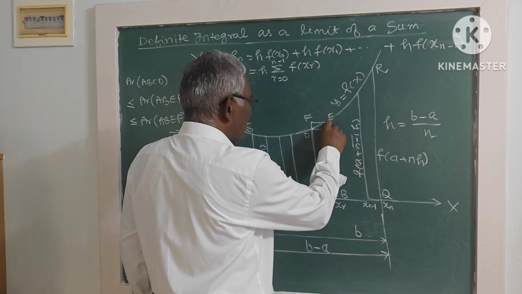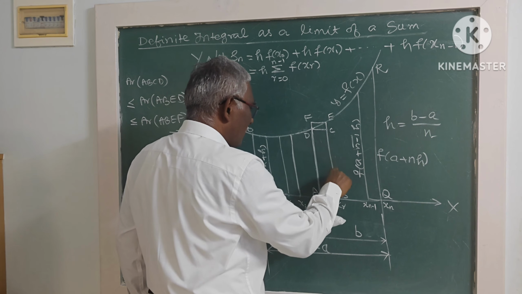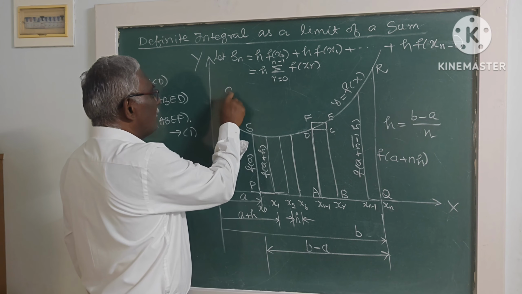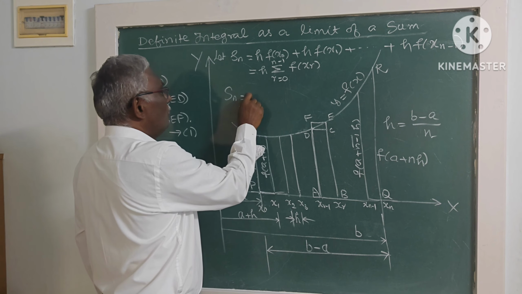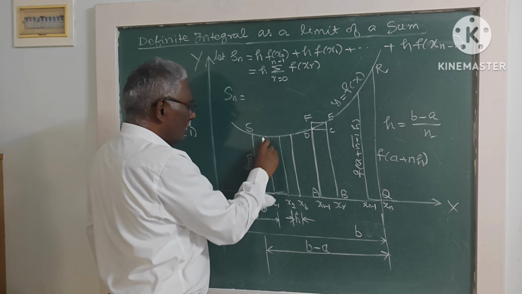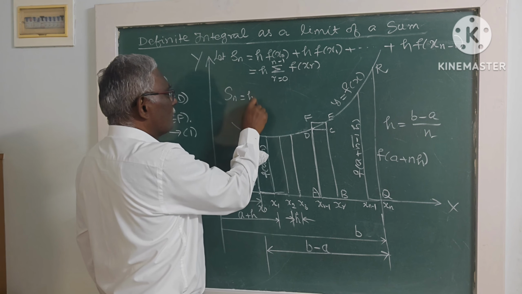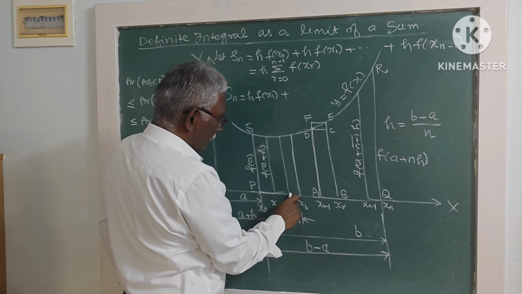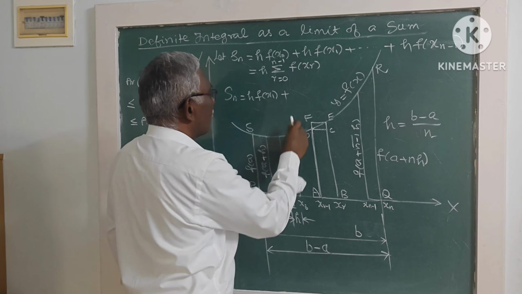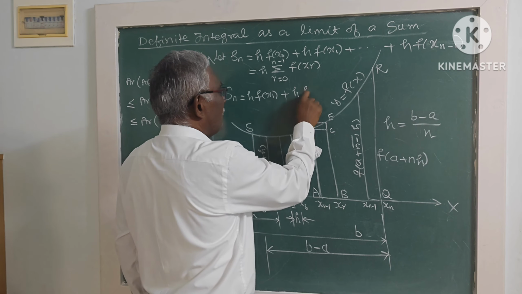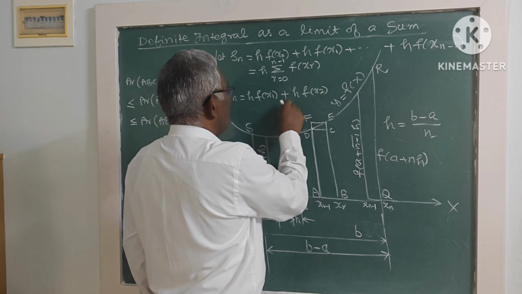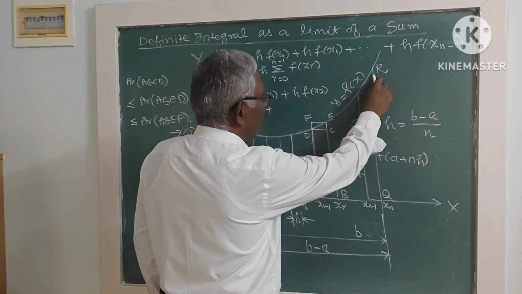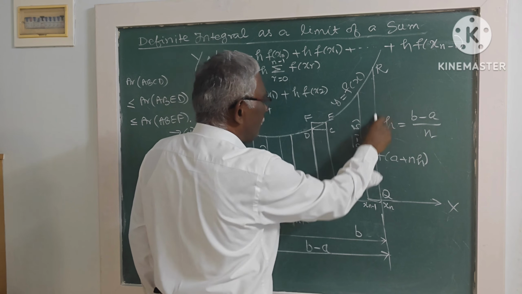Similarly, if we take the upper limit of the rectangle, then capital S suffix n is equal to h into f of x1, plus h into f of x2, plus and so on, then h into f of xn.